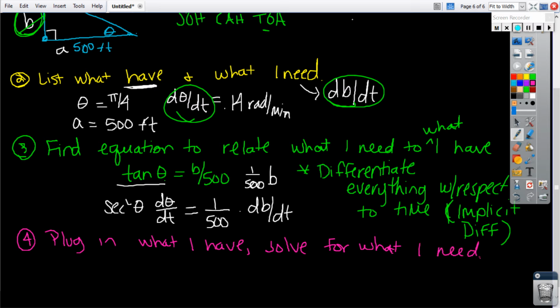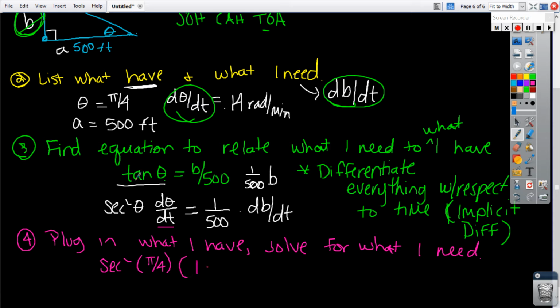So going back to step 2 up here, I'm going to plug in. I have secant squared theta, and I know what theta is: theta was pi over 4. D theta dt, again from the beginning, was 0.14.